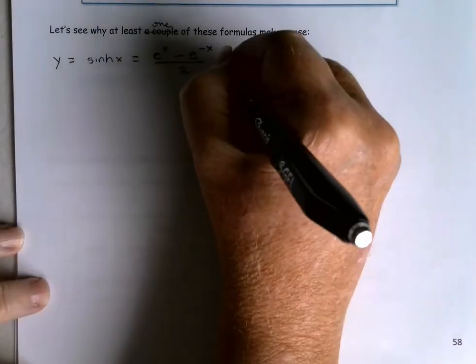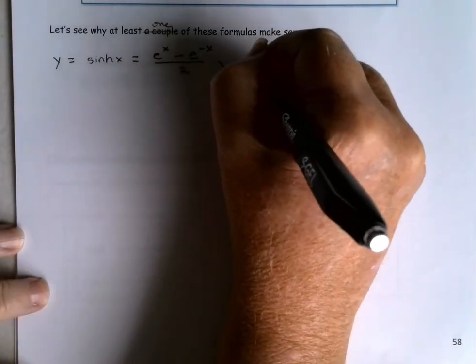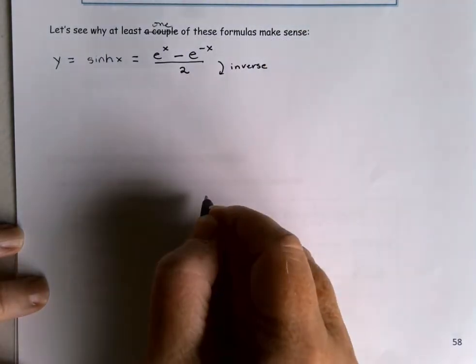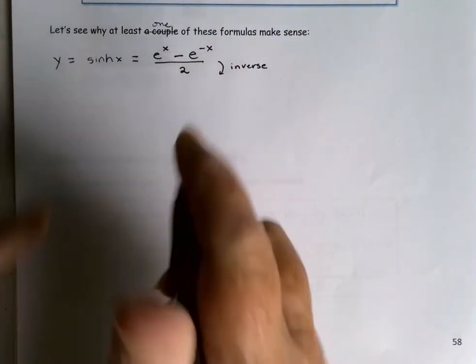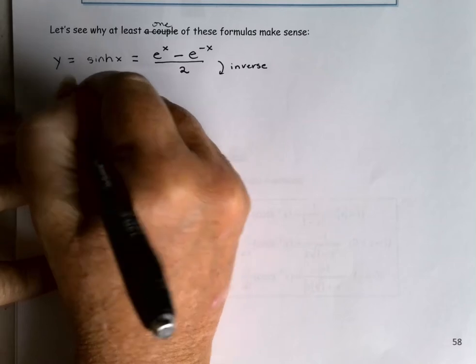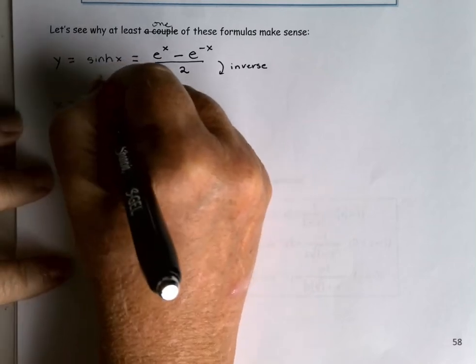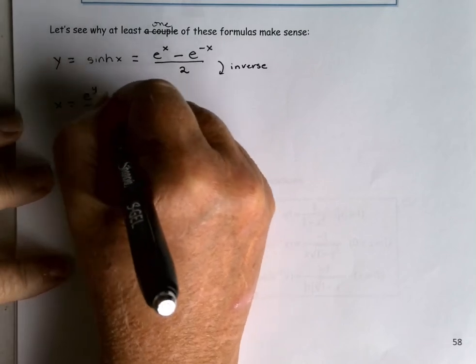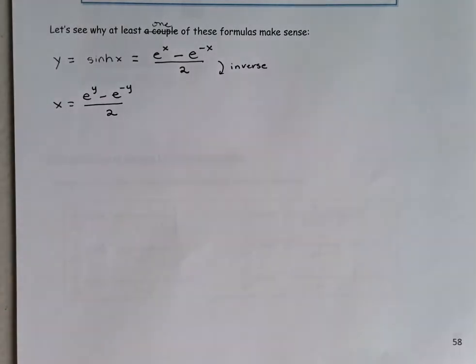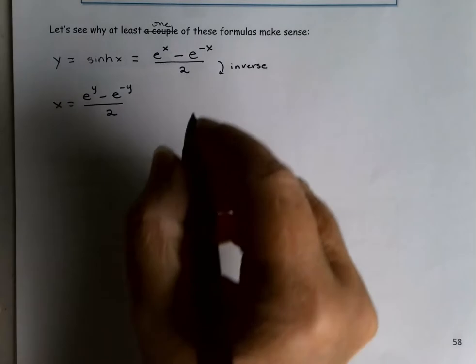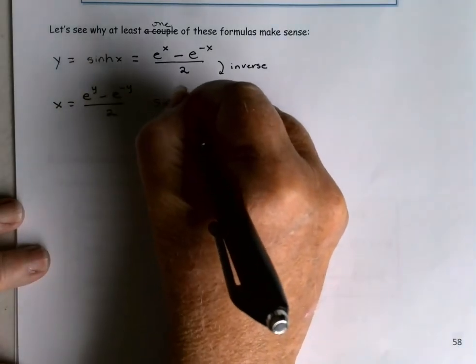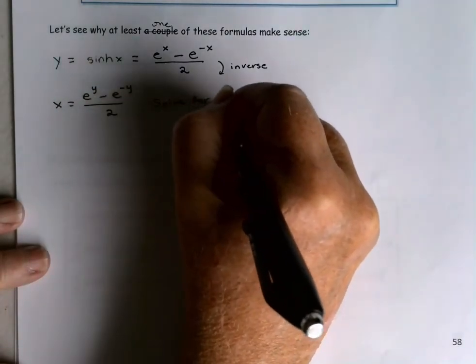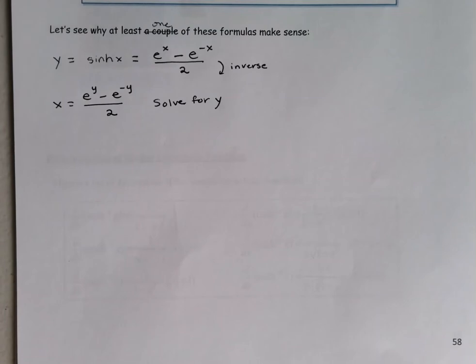If I want the inverse function, our standard algebra trick for finding inverses is to switch the x and the y. So I'd write x equals e to the y minus e to the minus y over 2. Now, here's the fun part. I have to solve for y, which is much easier said than done, but we'll get there.